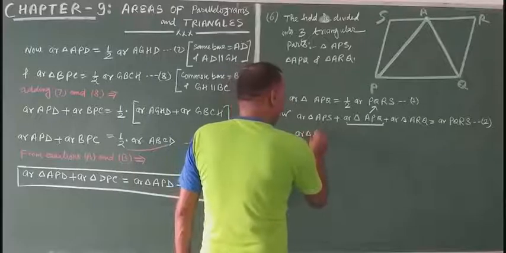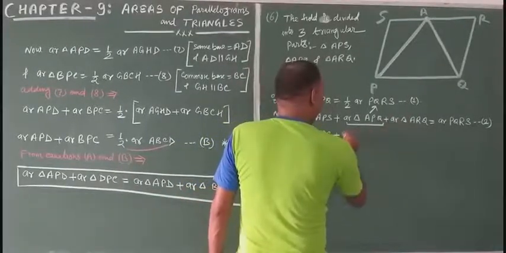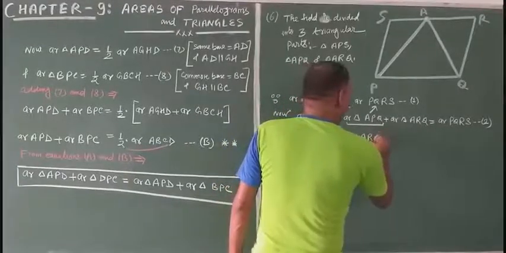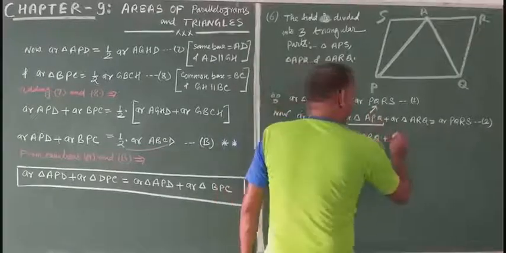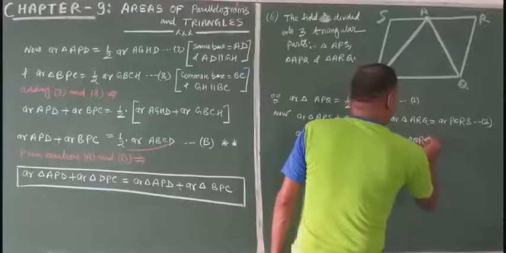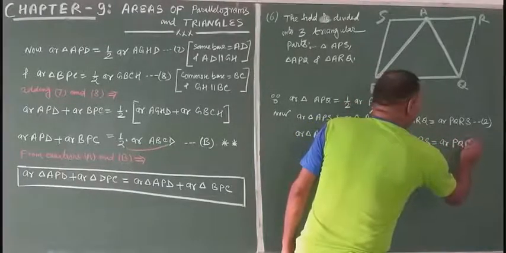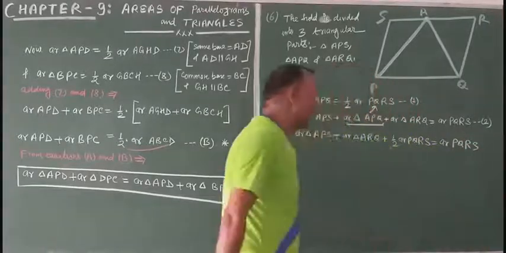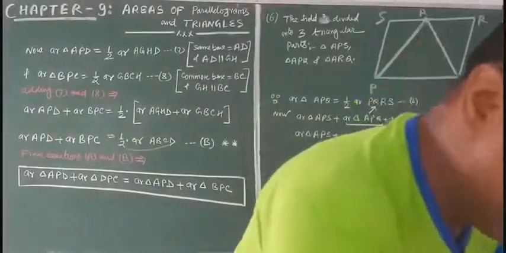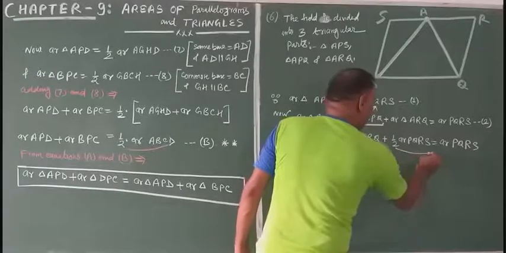Area of triangle APS plus area of triangle ARQ plus half of area PQRS will be equal to area of parallelogram PQRS. Now just shift this half of area PQRS to the right hand side.